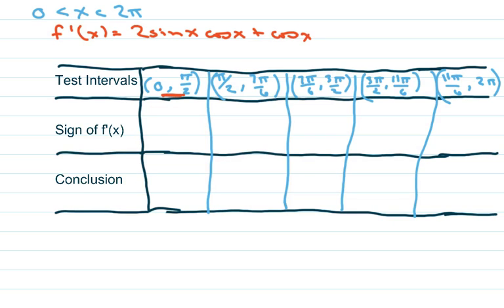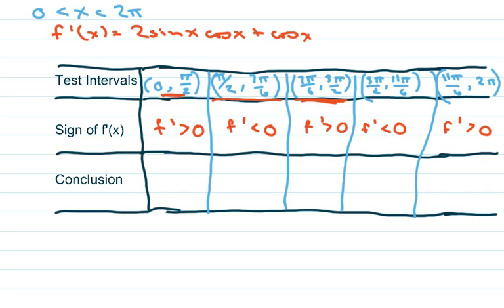When I plug that in, I'm going to get a positive number. When I plug in the midpoint of the next interval, I'm going to get a negative number. You can just pick any value in between, and you're going to get increasing. The same thing here, you're going to get decreasing, and the last one's going to be increasing.